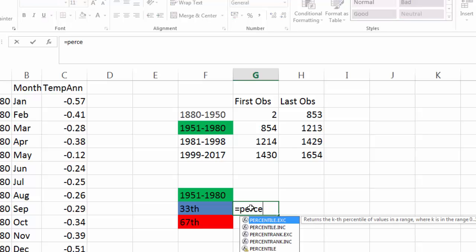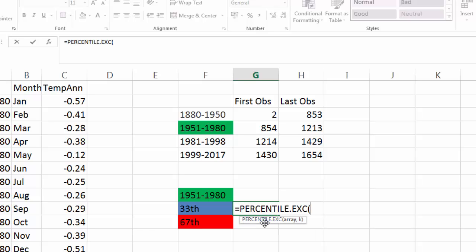We'll use the percentile command, and it doesn't matter which of the 2 percentile commands we use. We need a data array and a percentile. For this period, we know where the data are. The data are in column C, and for this reference period, from row 854 to row 1213.